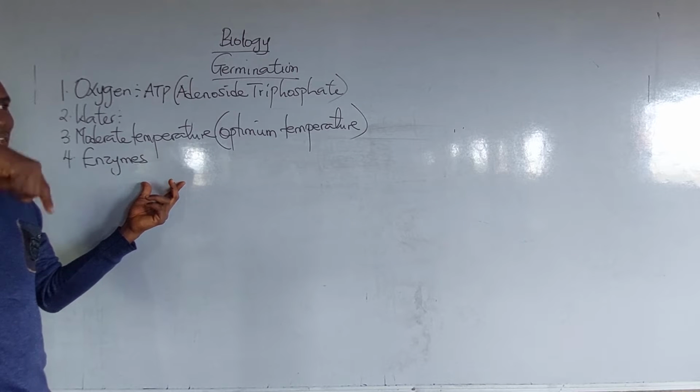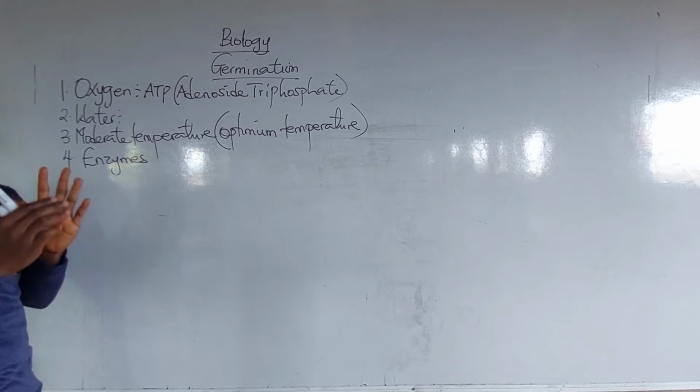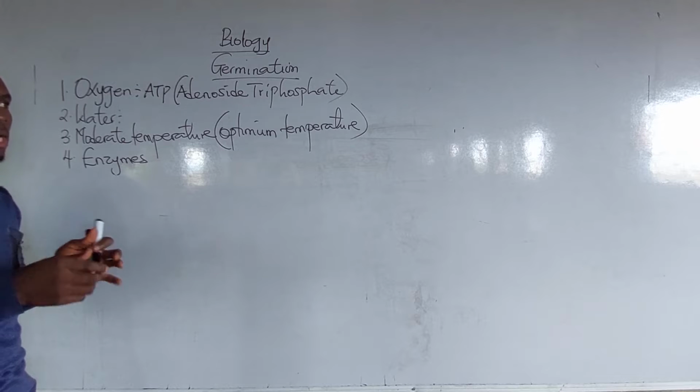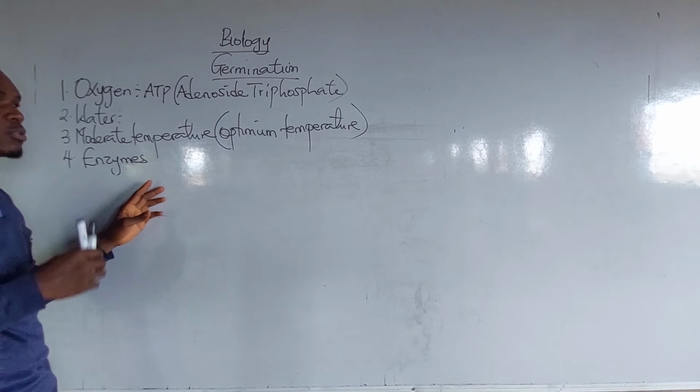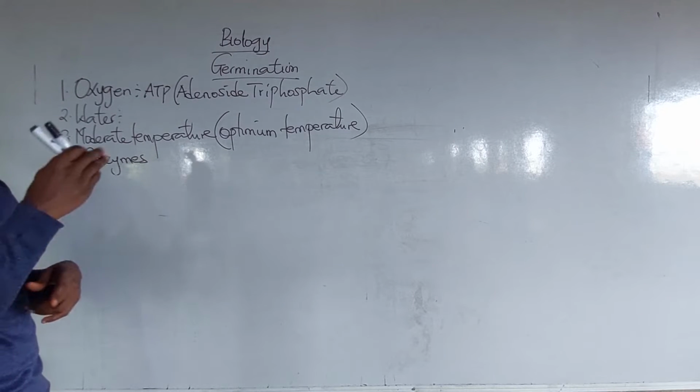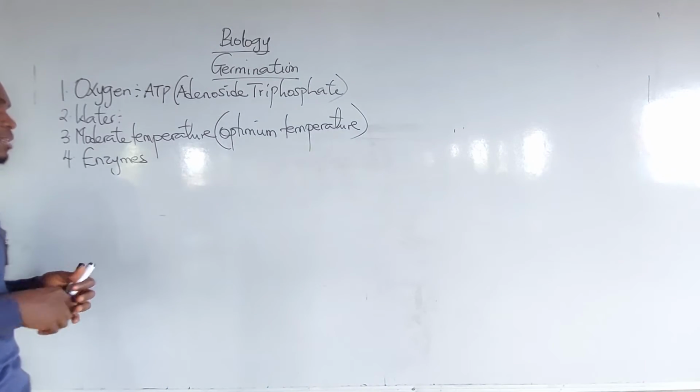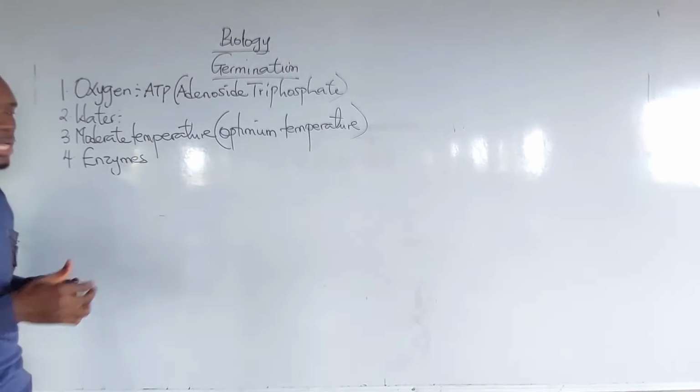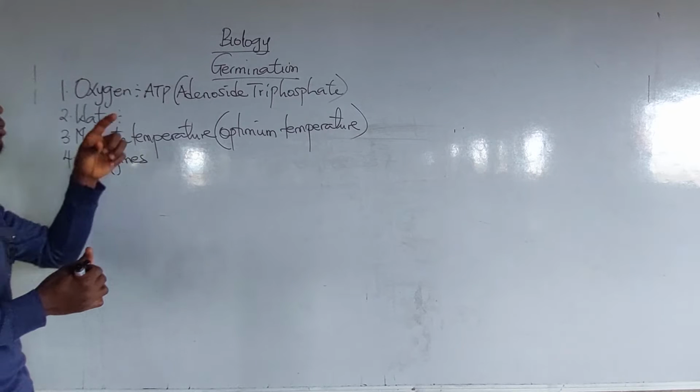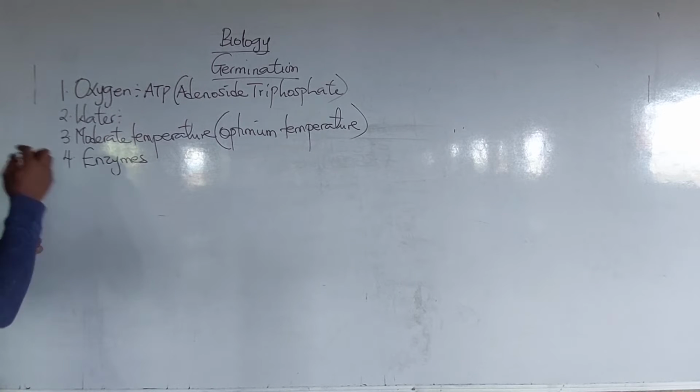At the end of the reaction, the enzyme remains the same. The word alter means it either slows the reaction down or speeds it up. That is the meaning of enzymes, and enzymes are needed for germination to occur.